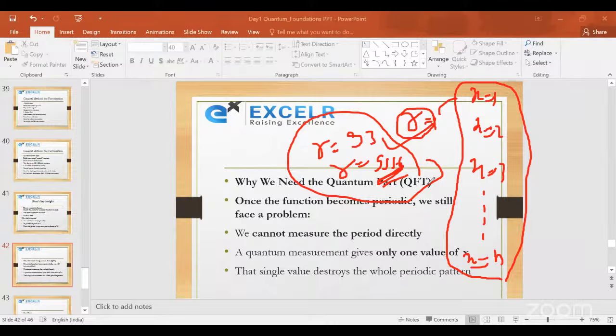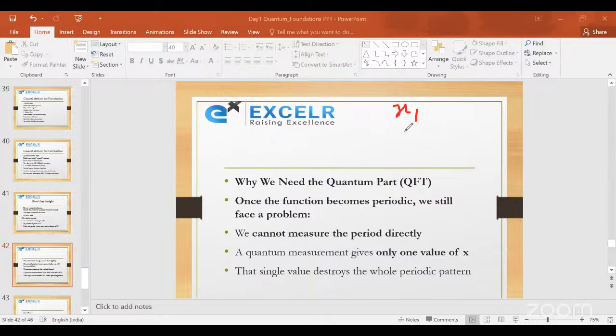The difference lies when we come to the quantum methodology. Classically we put x1, x2, x3, x4 one by one. But what is the capacity of quantum? That is the supremacy of quantum.